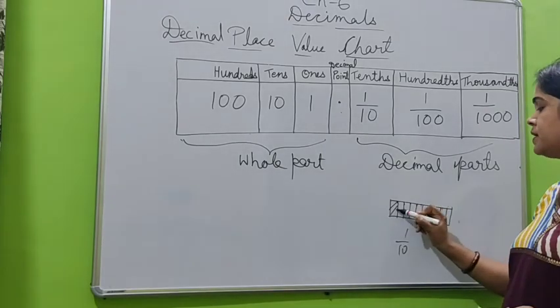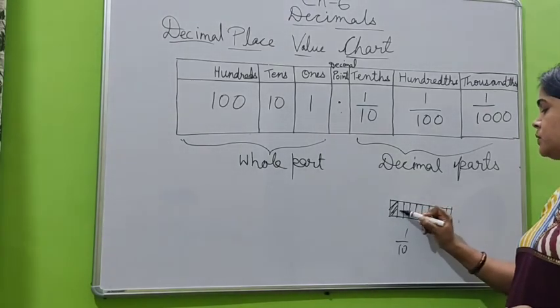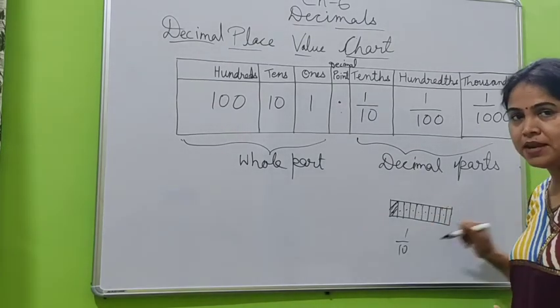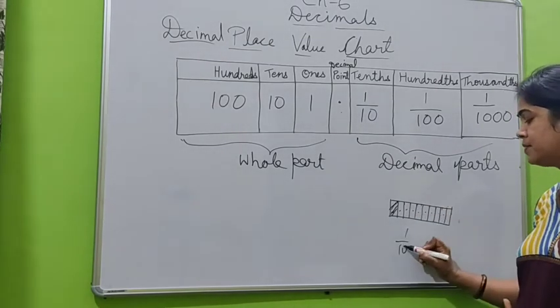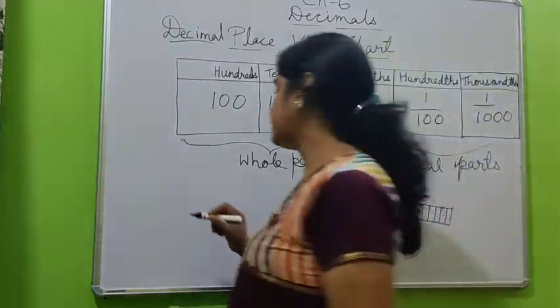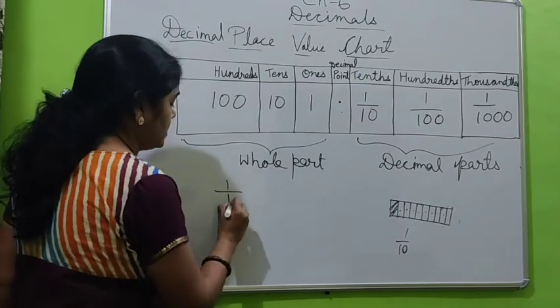And out of 10, I take 1 part. This is shown as 1 by 10.